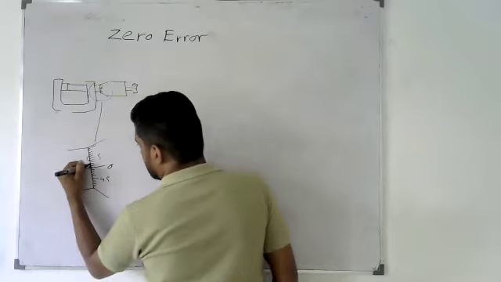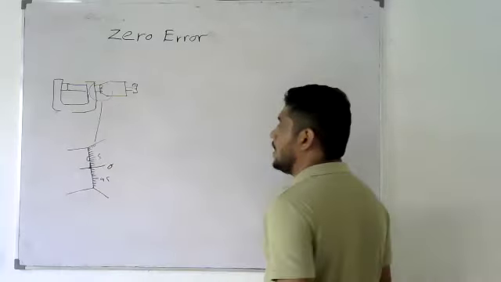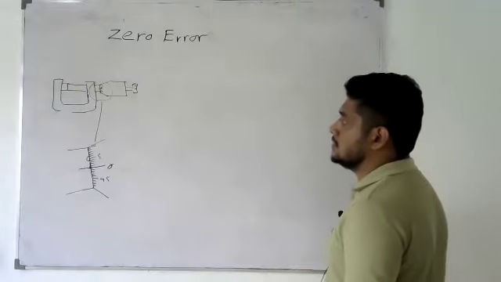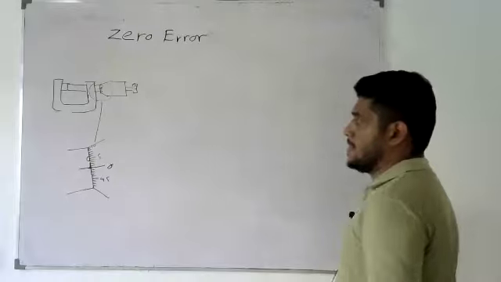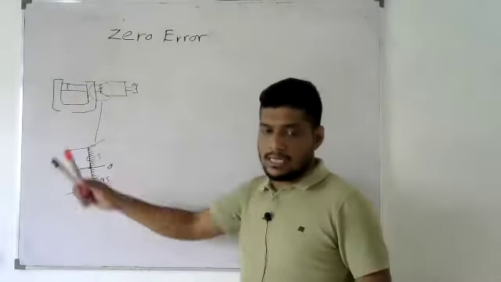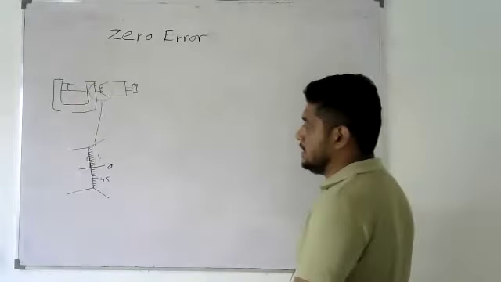It is perfectly on the zero line when the anvil and the spindle are fully in contact.